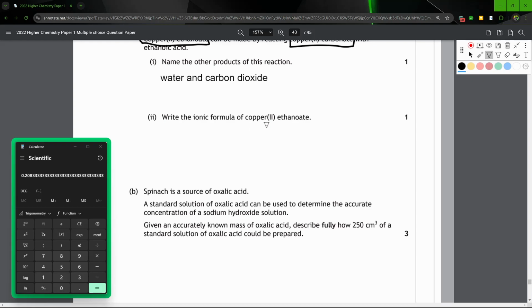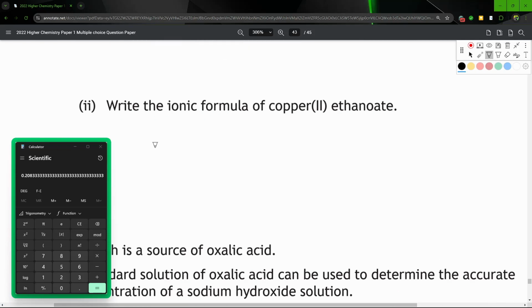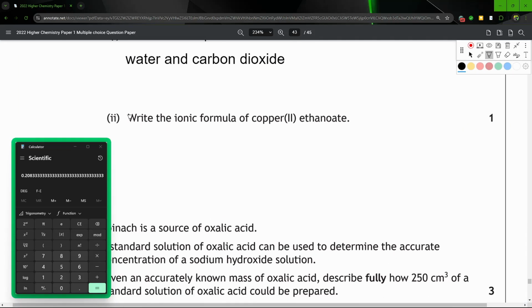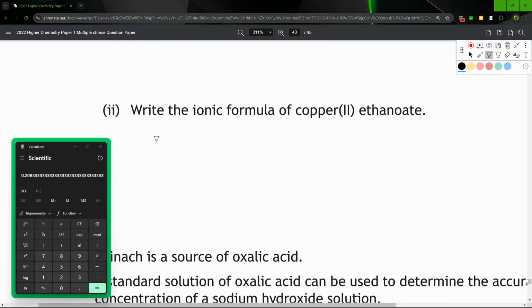Write the ionic formula of copper-2 ethanoate. You could actually do a full structural formula, but let's just do a proper formula. So we're going to have copper-2 ethanoate. That means that we need to draw an ethanoate first. Remember ethanoate, that's 2.